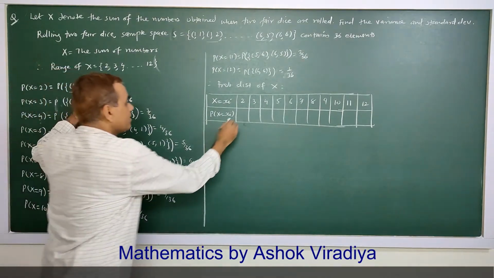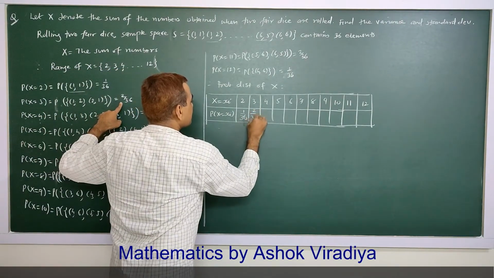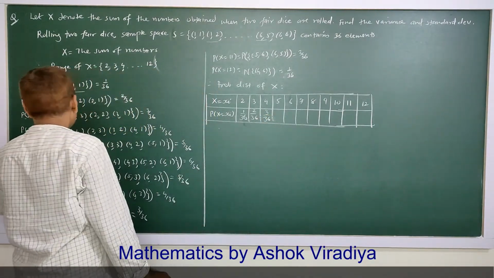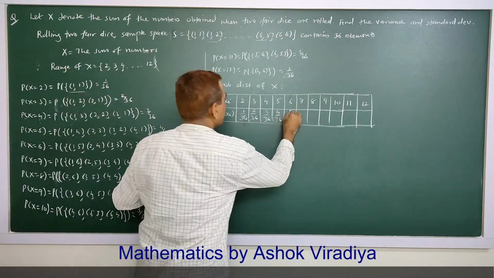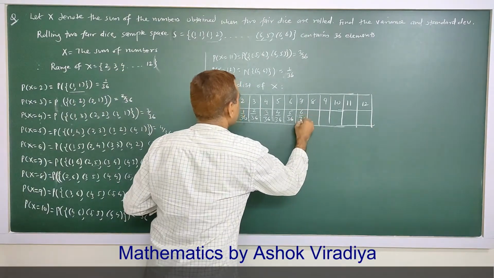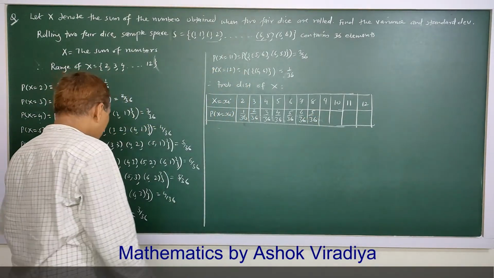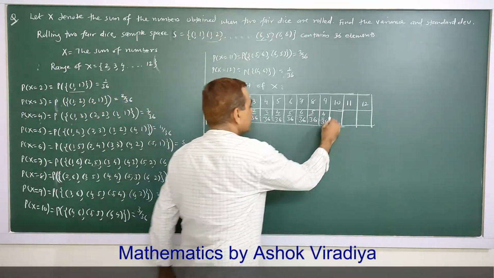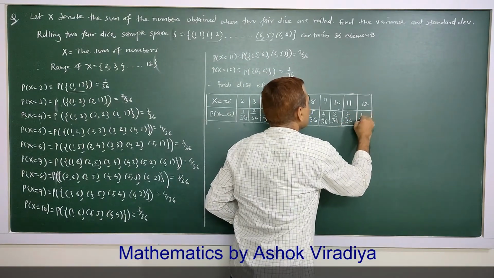Probability of 2 is 1 by 36. Probability of 3 is 2 by 36. Probability of 4 is 3 by 36. Probability of 5 is 4 by 36. Probability of 6 is 5 by 36. Probability of 7 is 6 by 36. Probability of 8 is 5 by 36. Probability of 9 is 4 by 36. Probability of 10 is 3 by 36. Probability of 11 is 2 by 36, and the last is 1 by 36.